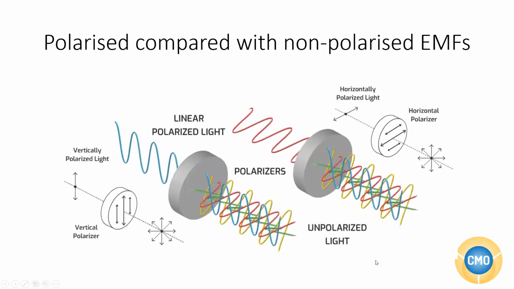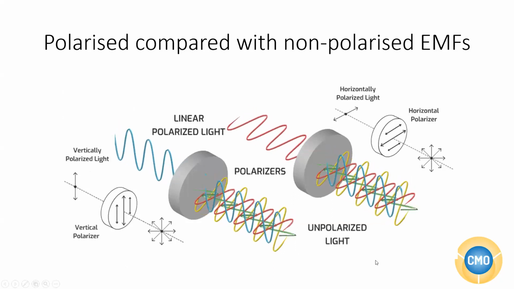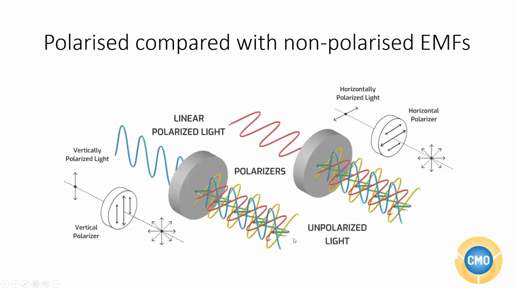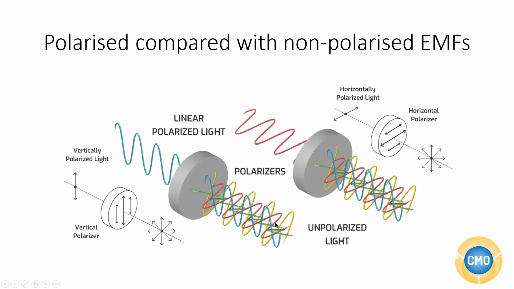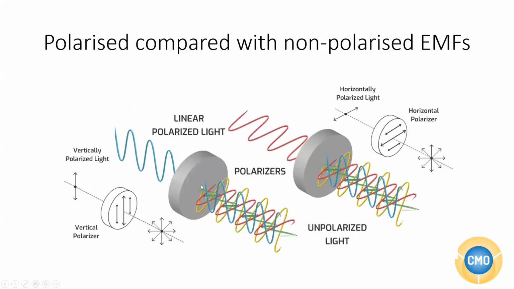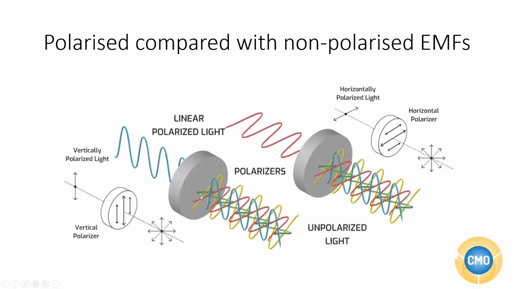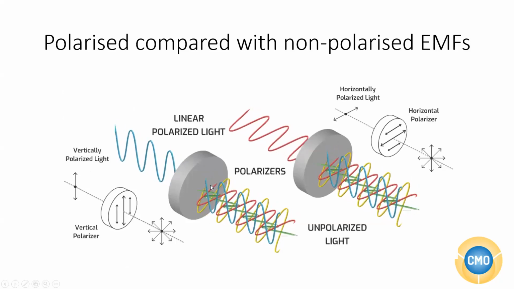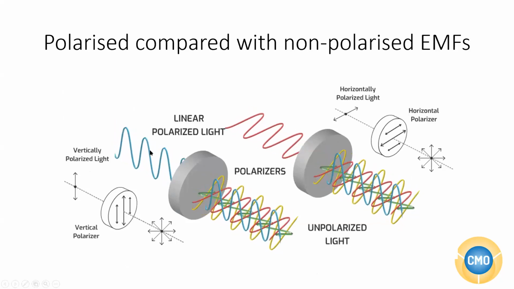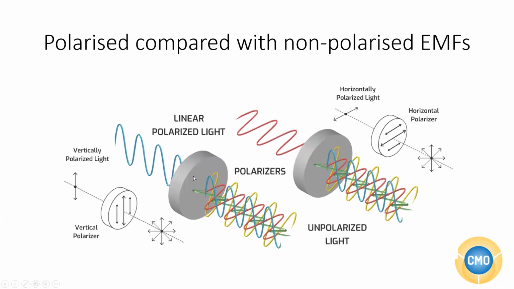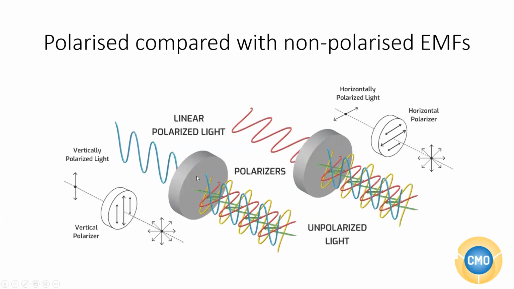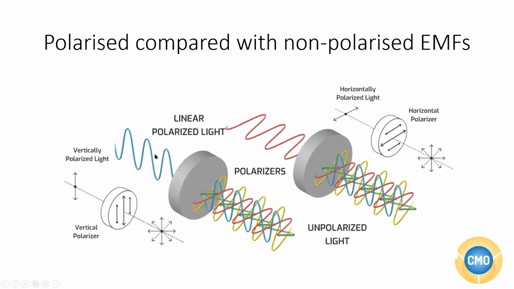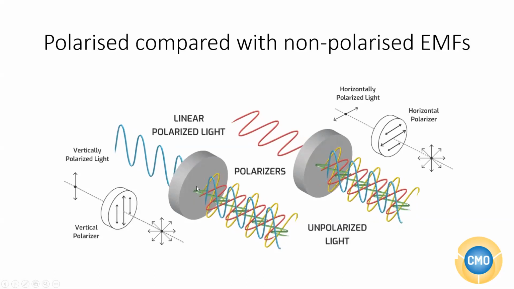So here we've got a little animation of what happens with polarization. If we've got unpolarized light, for example, here it goes through polarized lenses, and depending on which direction that filters, you end up on the other side of the lenses with this polarized light, which goes in one direction, in one plane.